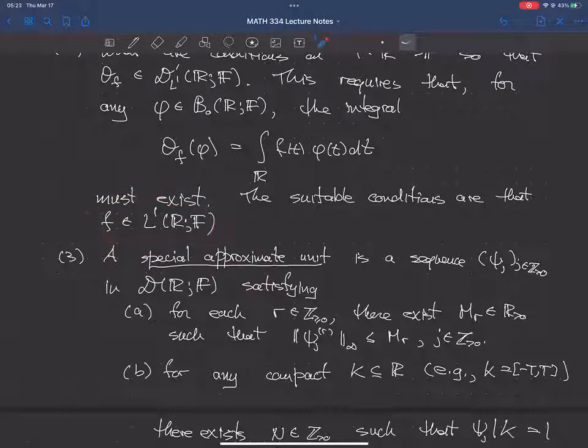The thing I forgot to say is that you have an inclusion of L1 in D prime L1, and that inclusion is continuous. If you take a sequence that converges to 0 in the L1 norm, then the corresponding sequence will converge to 0 in D prime L1.